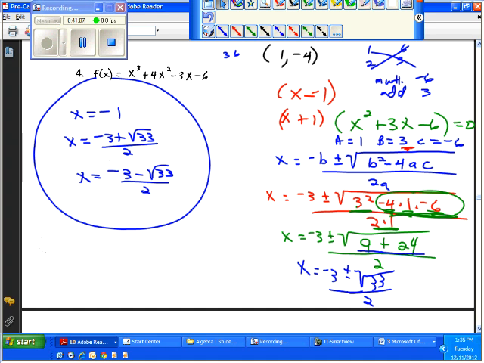Any questions on synthetic division and using the rational root theorem to find the roots of a higher order polynomial? Okay, we'll stop right there.